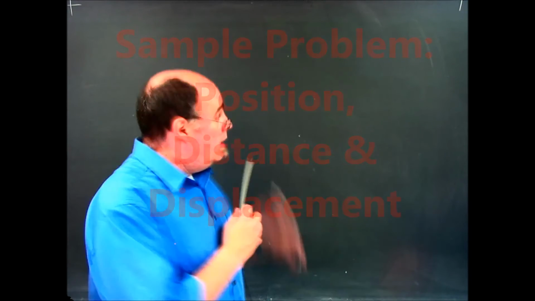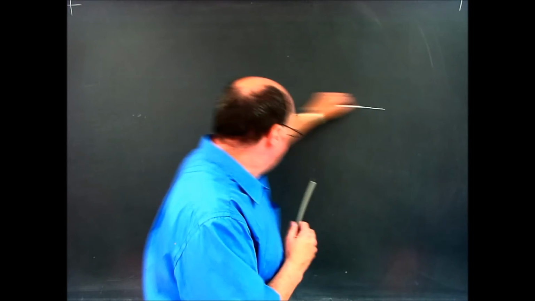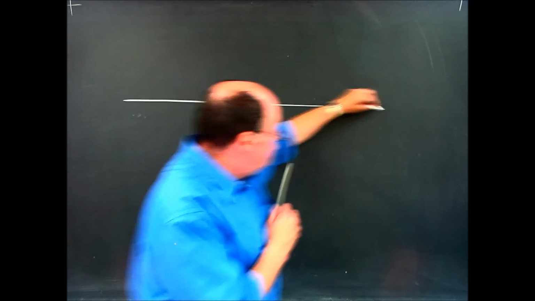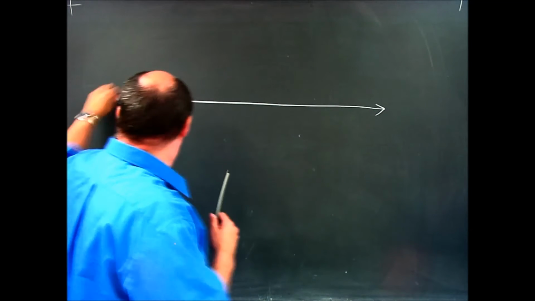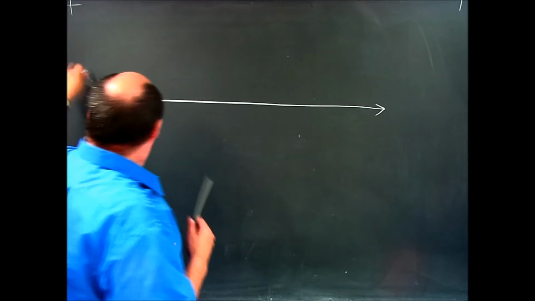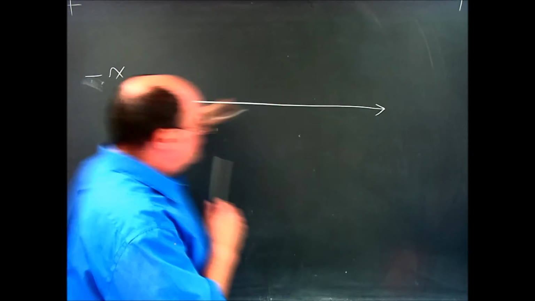So if we had a person who was just standing somewhere, we could use the x-axis. The negative x is going to the left and the positive x is going to the right, and here could be 0.